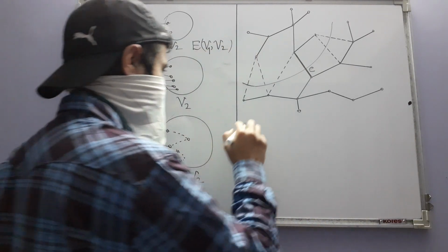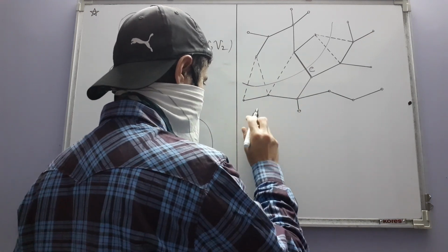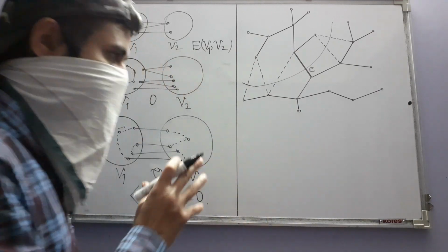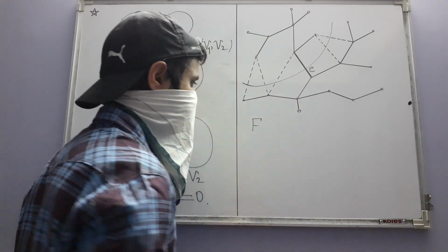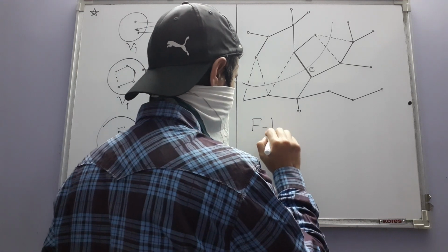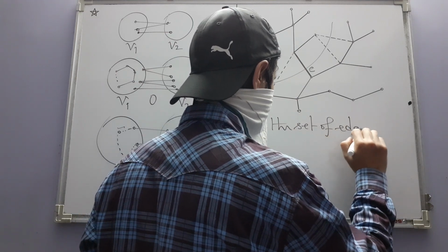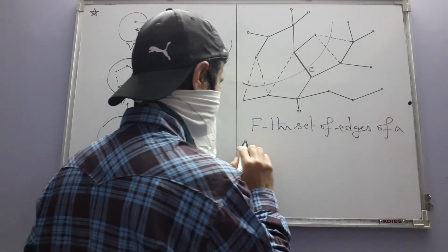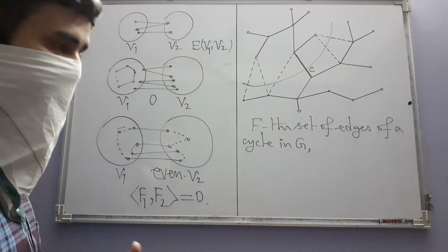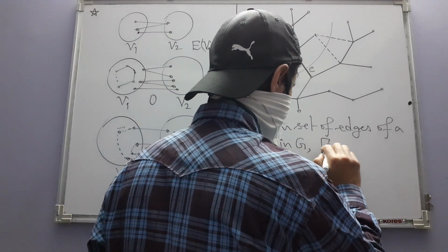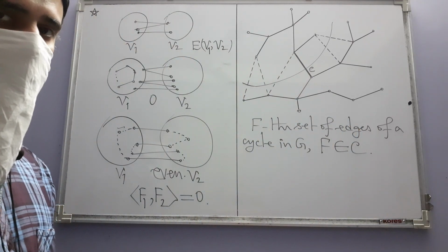Say you consider a cycle. Actually, considering a cycle really means, in the context of the things we are doing, the edge set of the cycle. Let F be the set of edges of a cycle in G. That just simply means that F is a vector in the cycle space, right?